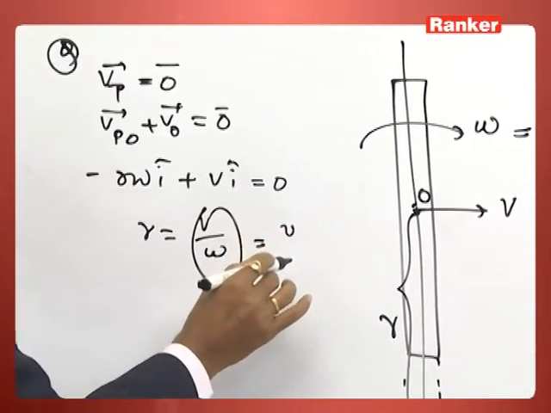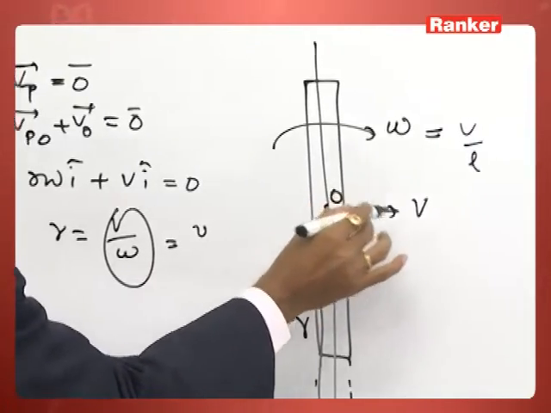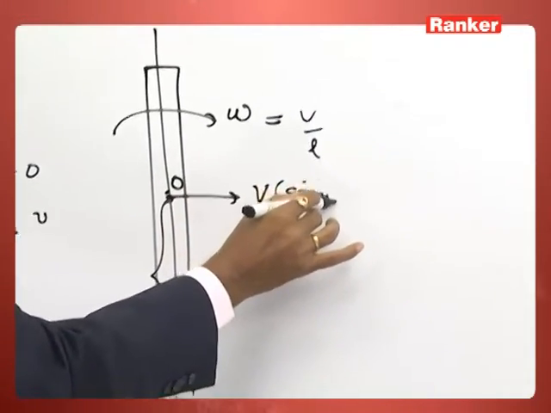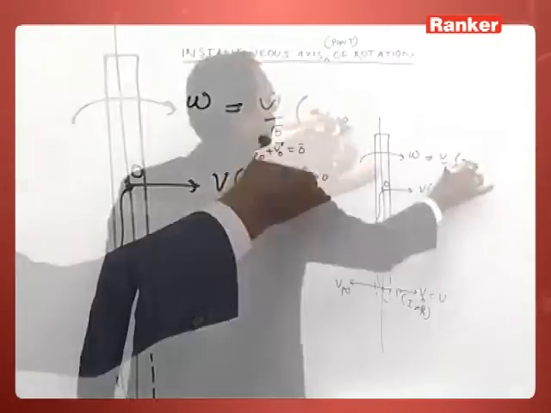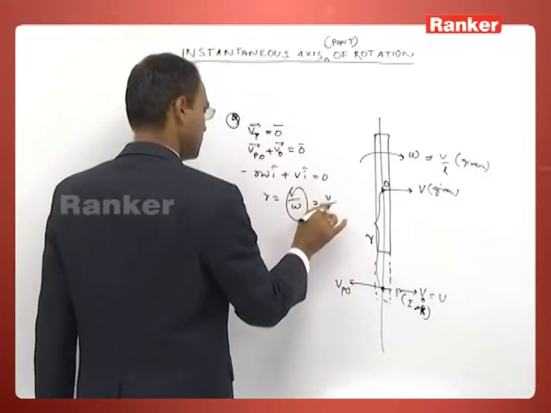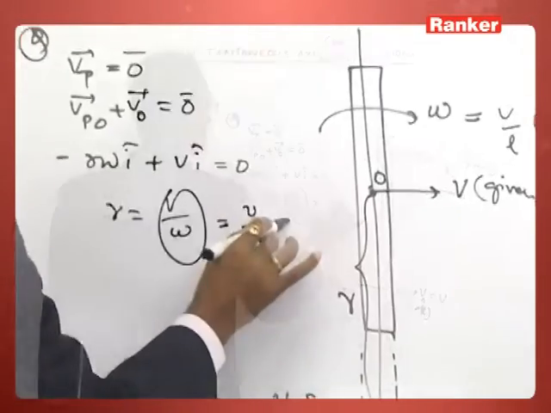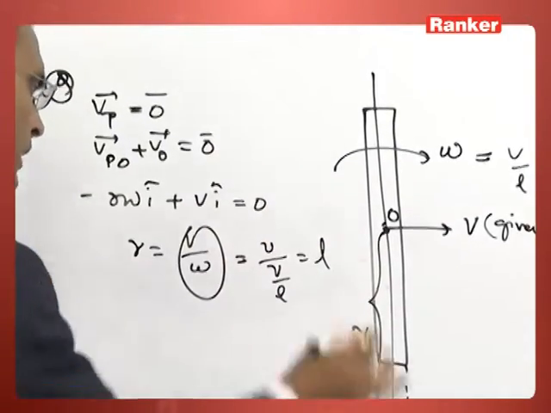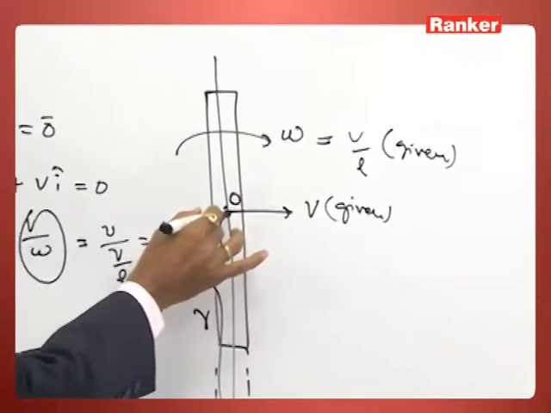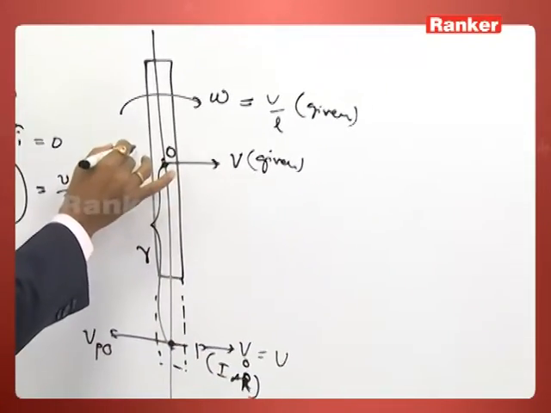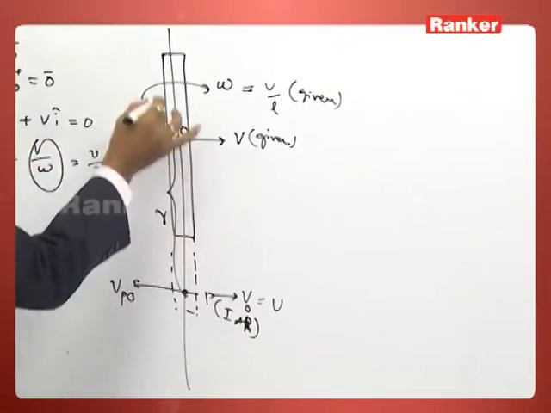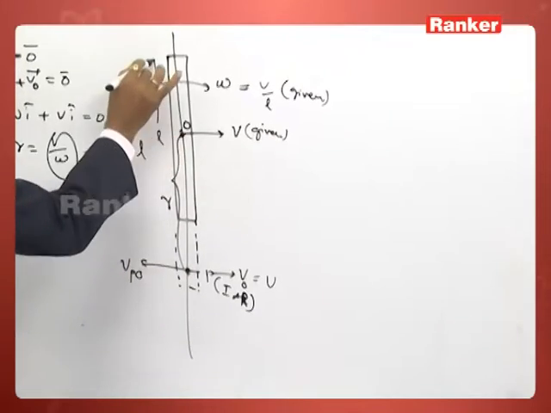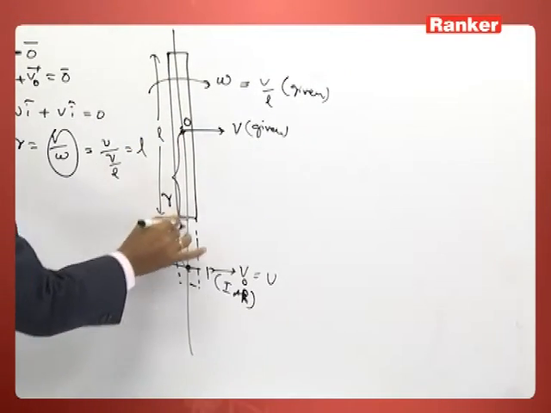V is the velocity of the given point. This is given. And omega is equal to V by L, given. So, substitute it, you will get L. When you calculate the R from this point, when you take L below, you will get it outside.